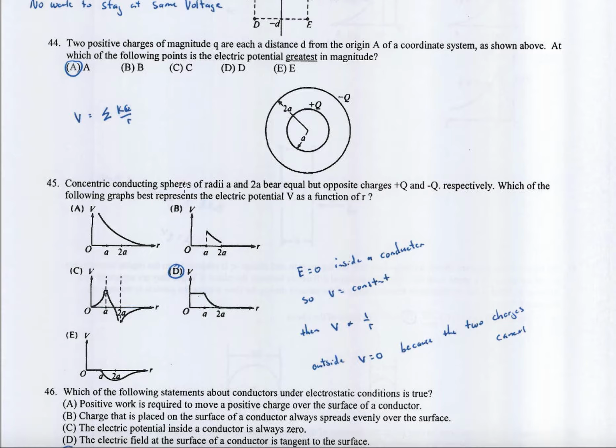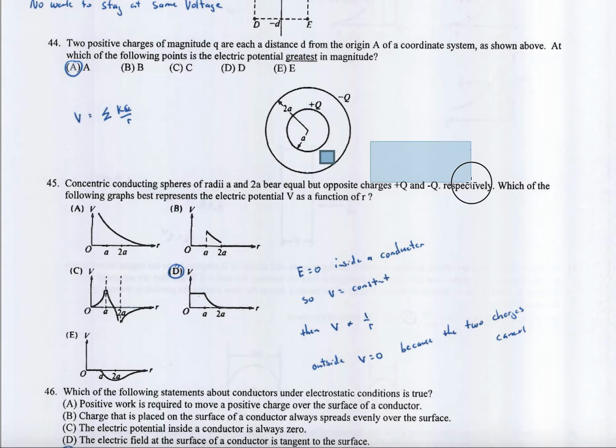Concentric conducting spheres. As a function of r. Okay, so when you're inside of this one, there's an E field of 0, and so the voltage is constant. Then you're going to fall off. In here, there's an E field that looks like a point charge, right? And that E field would come from that interior charge.